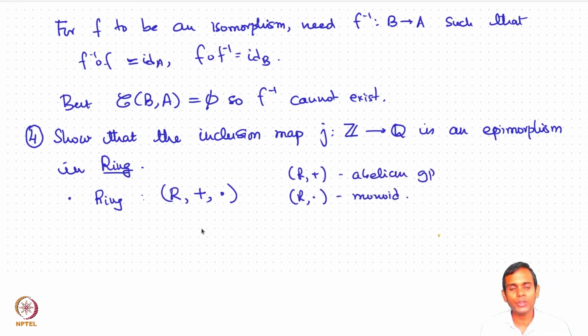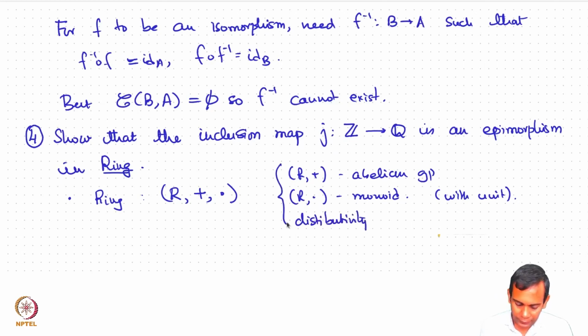In particular, we are assuming that rings have a multiplicative unit. Okay, so rings have a unit. So the identity of this monoid is the multiplicative unit. And then these two operations talk to each other via distributivity.